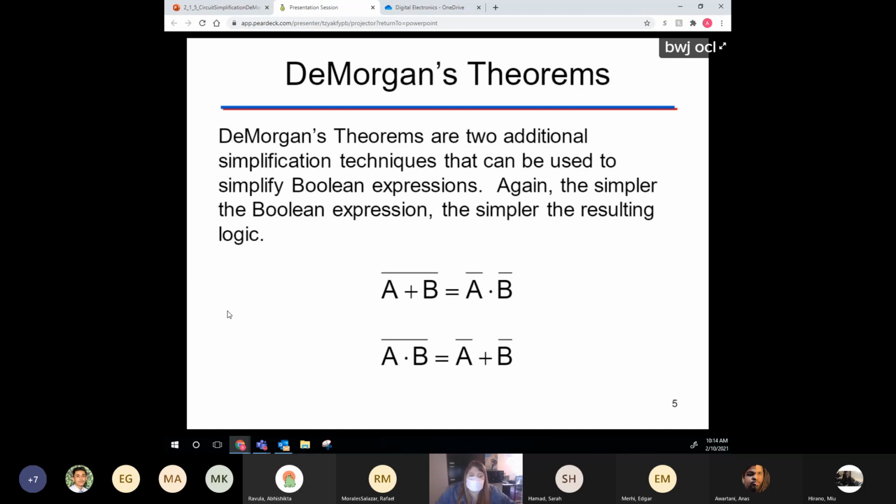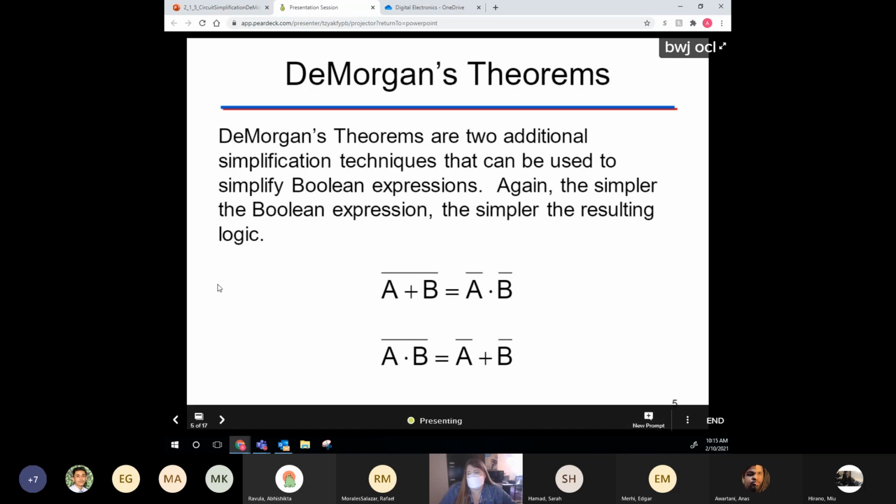On the bottom, you don't have to write those as well. We're going to write them on the next slide, but these are the 2 theorems. We went over 19 last class, so today we're just adding 2.